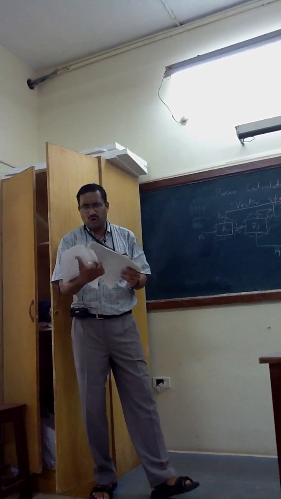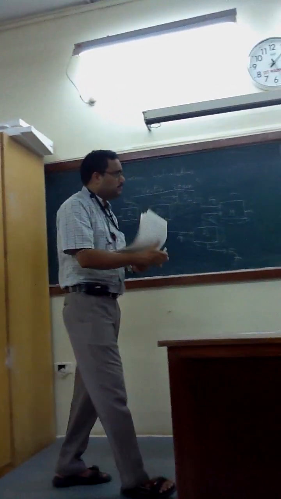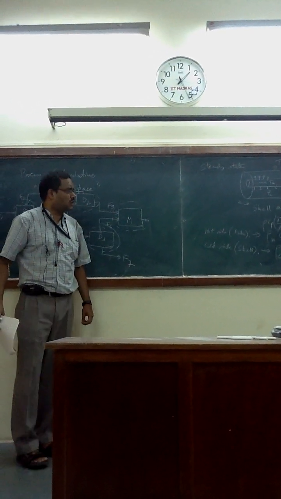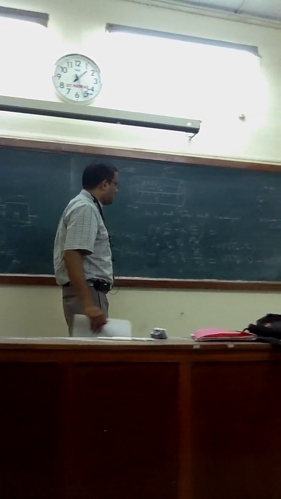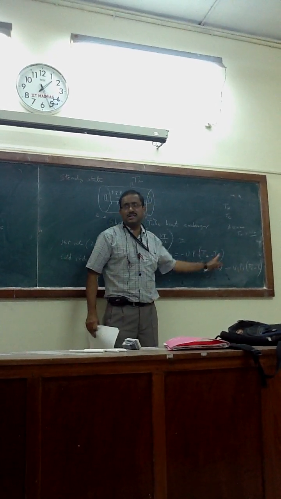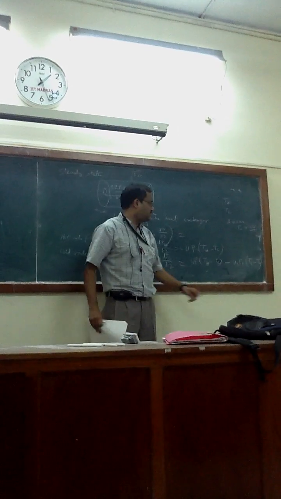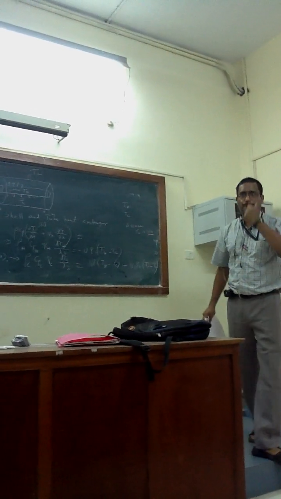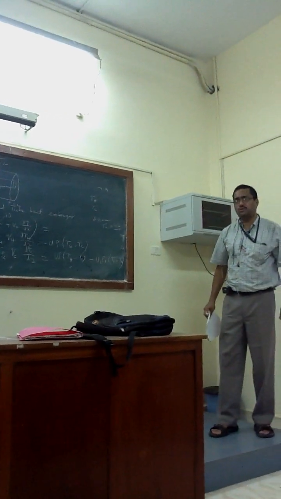Okay? So how to solve this kind of problem? Remember that this is not an independent differential equation. It has got TC, TC is also here. These are called a coupled system. So you can see that a simple shell and tube heat exchanger can give rise to a coupled set of ordinary differential equations.